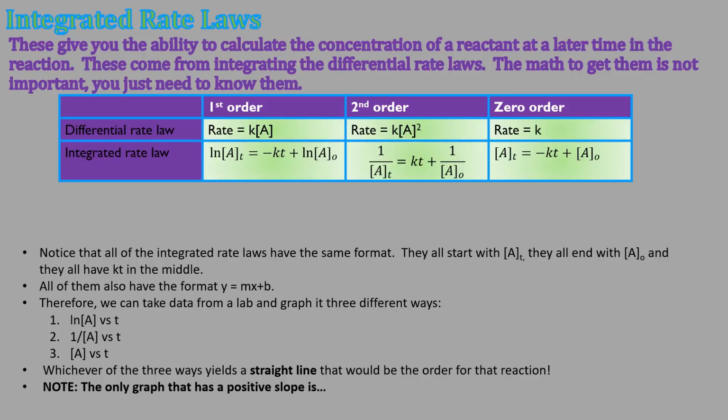If you look closely, you'll notice that it has the same form as y equals mx plus b, where the natural log of A naught is the y-intercept, and we're putting the natural log of A at time t on the y-axis, and time is on the x-axis, and so the slope would be equal to negative k. I know that is very abstract right now because you haven't seen any of this, but I'm about to explain it, so just give me a second.